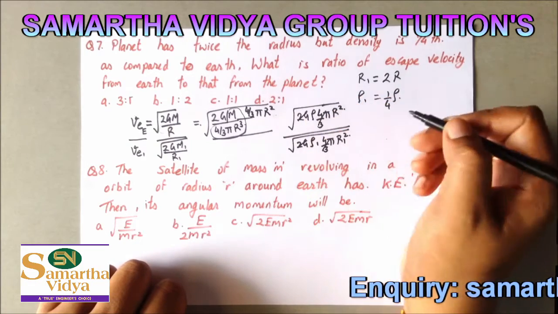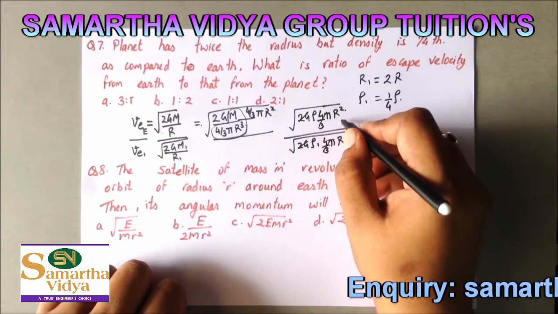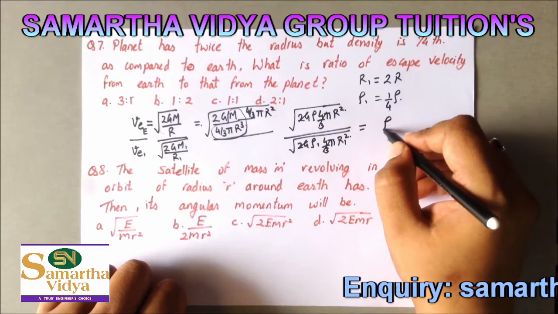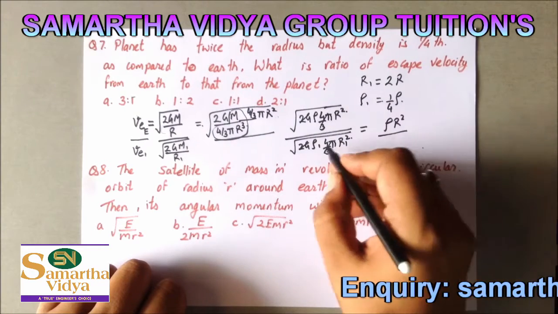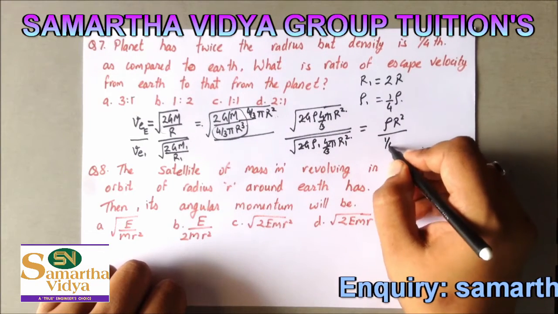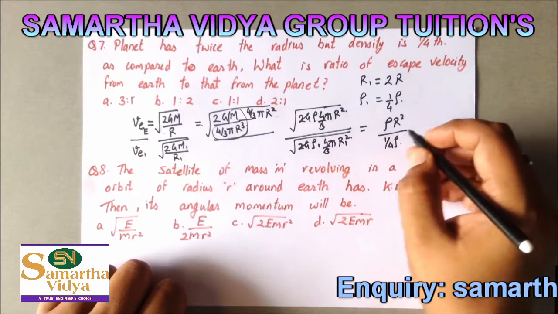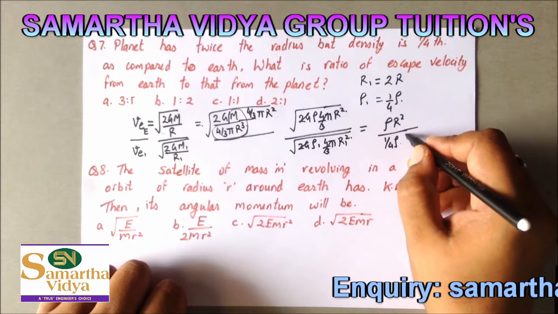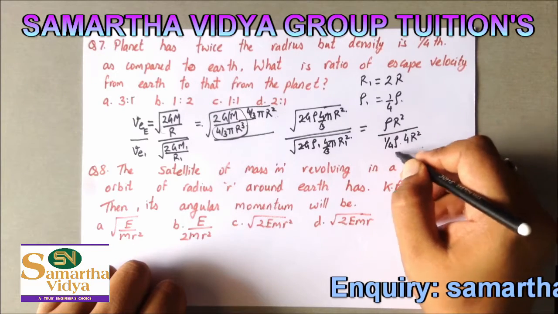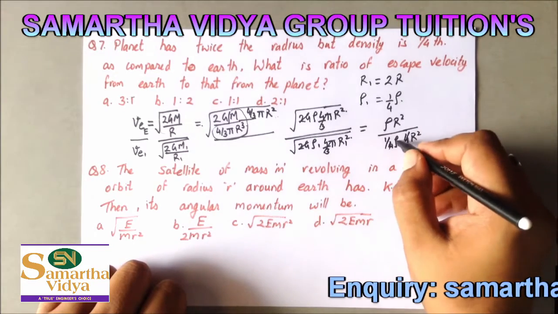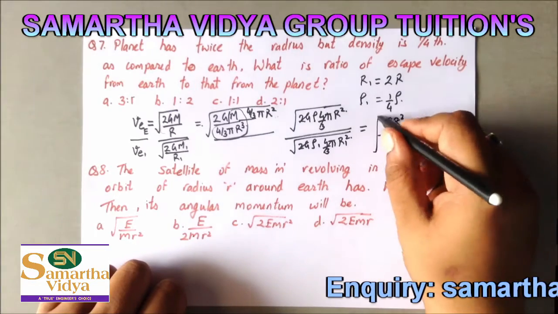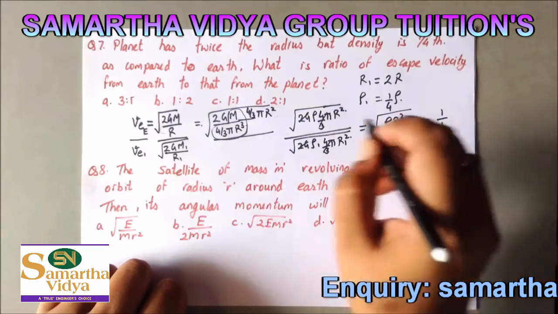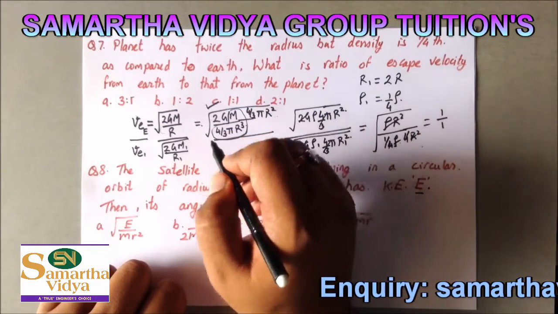So we have rho by ρ1 into r square. So rho r square upon ρ1, we know it's 1/4 rho, and r1 is nothing but 2r. So that becomes 4r square. So the 4 gets cancelled out and the rho also gets cancelled out and it is under root. So we are getting this as 1/1. So that's nothing but the ratio, option C, which is 1:1.